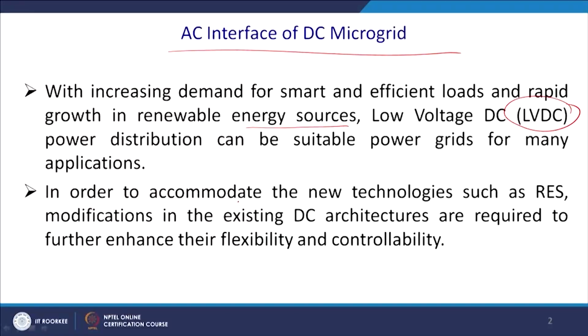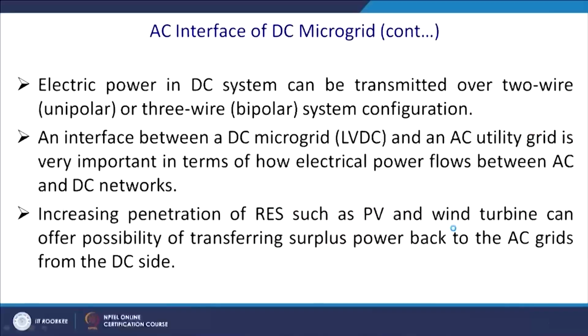In order to accommodate the new technologies such as these resources, that is RES, the battery plus solar, the electrical resources, modifications in existing DC architectures are required to further enhance their flexibility and controllability.